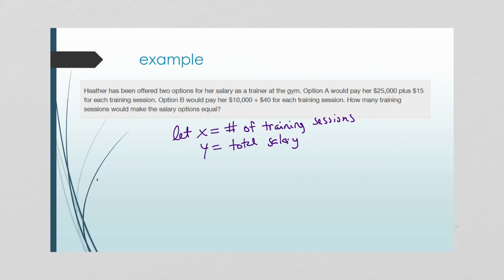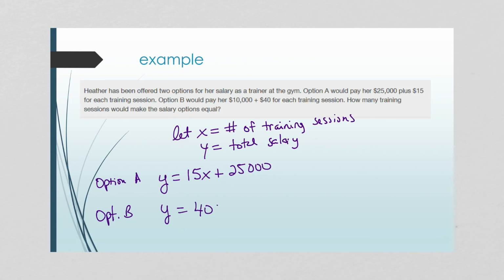Okay, so with option A, our equation would be y is equal to 15 times the number of training sessions plus $25,000. With option B, her salary would be y is equal to 40 times the number of training sessions plus $10,000.